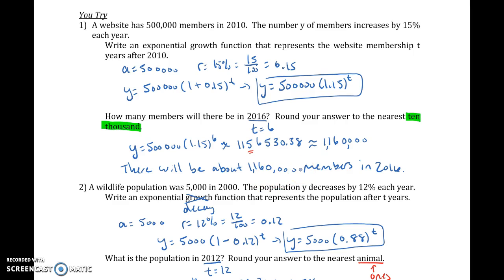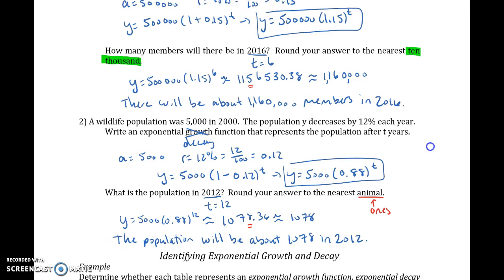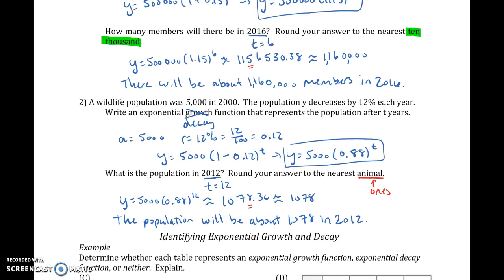Okay, and then number 2, it's decreasing, so we know it's exponential decay. Check your function. And then if we're looking at 2012, that is 12 years after the year 2000, so t equals 12. And if we're rounding to the nearest animal, that's the nearest one animal. So rounding to the nearest ones, we know there's about 1,078 animals left in 2012.